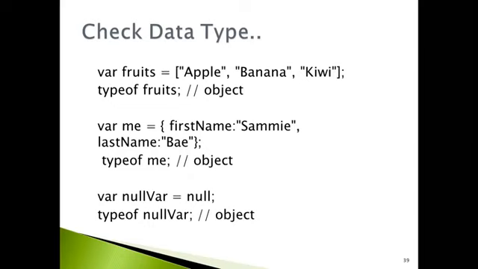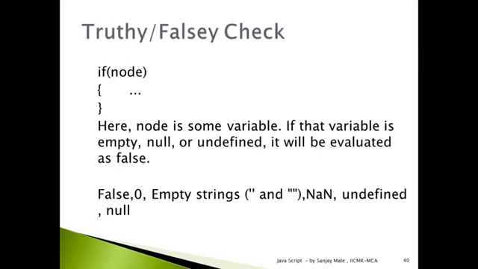Where me is equal to first name Sammy, last name B, and if I want to find out what is the data type of that me, you will get object. You can declare one variable which can hold null also. That is considered as an object again. So you can get the data type of the particular variable using this typeof.